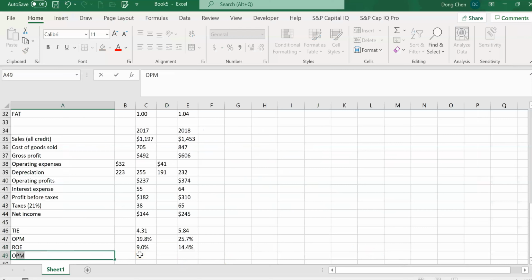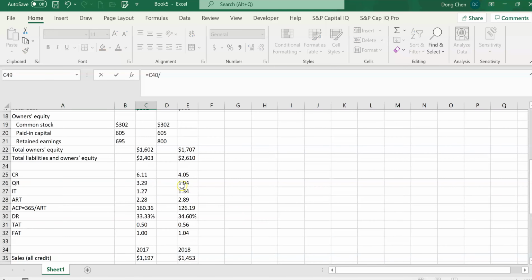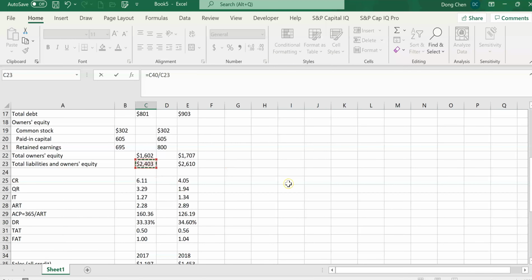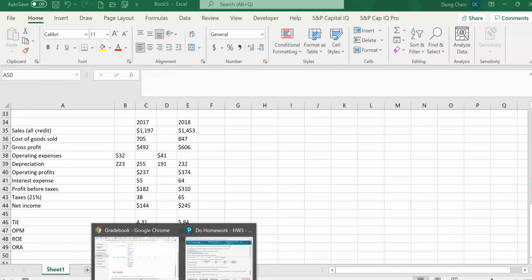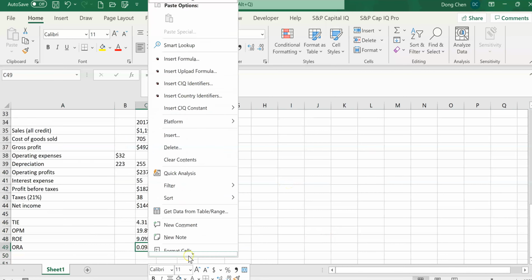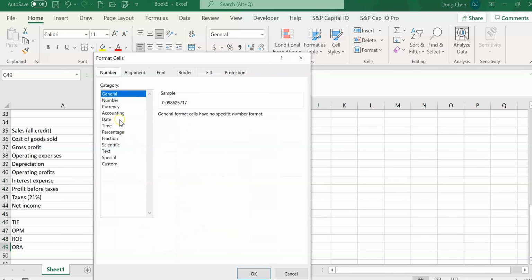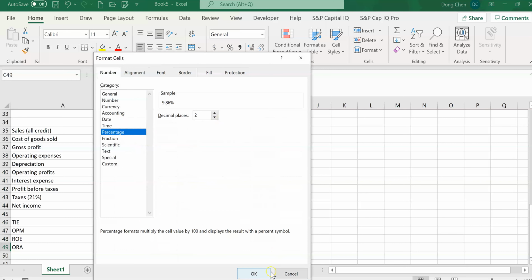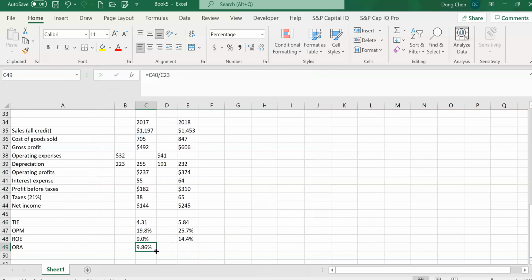Operating return on asset is defined as operating profit, the numerator, divided by total assets, the denominator. So just use, again, the balance sheet identity. I'll put this in percentage terms, and extend that to the other year.